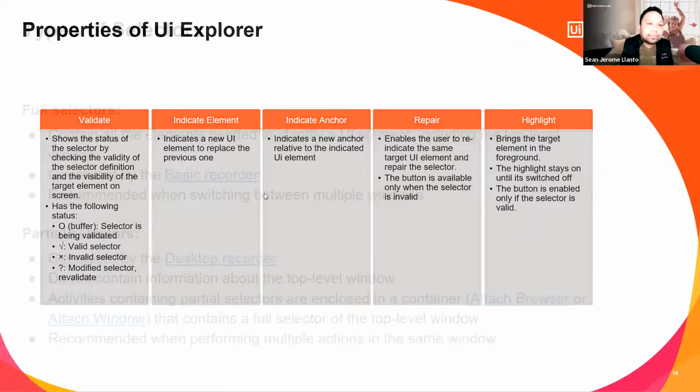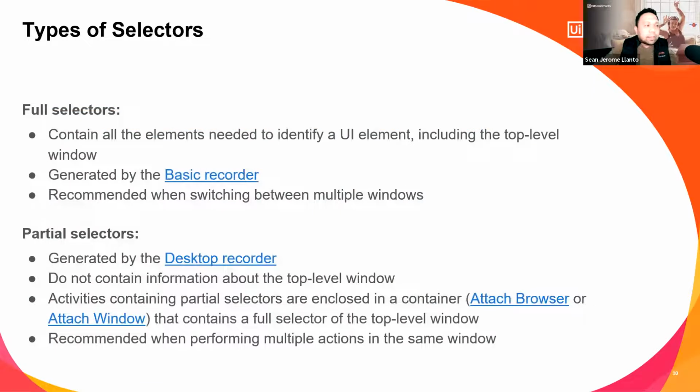Another part that, when we talk about selectors, one of the key important things would be where you'll be able to identify a full selector against a partial selector. So a full selector mainly includes a top-level window. So for example, if you have a browser or various containers that you are using, it typically would include the top element.